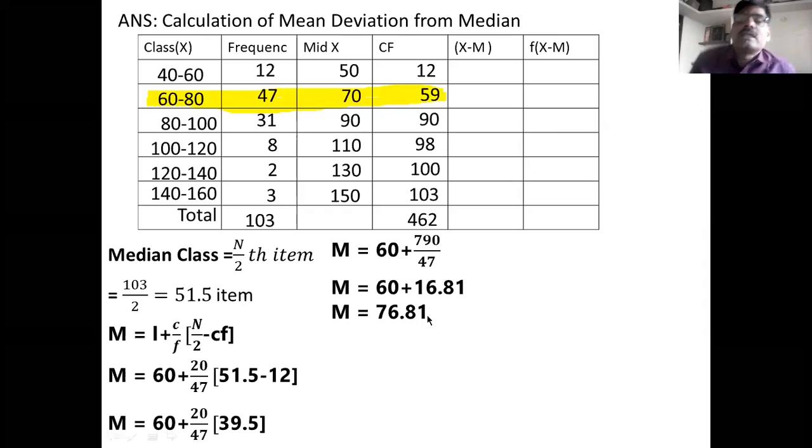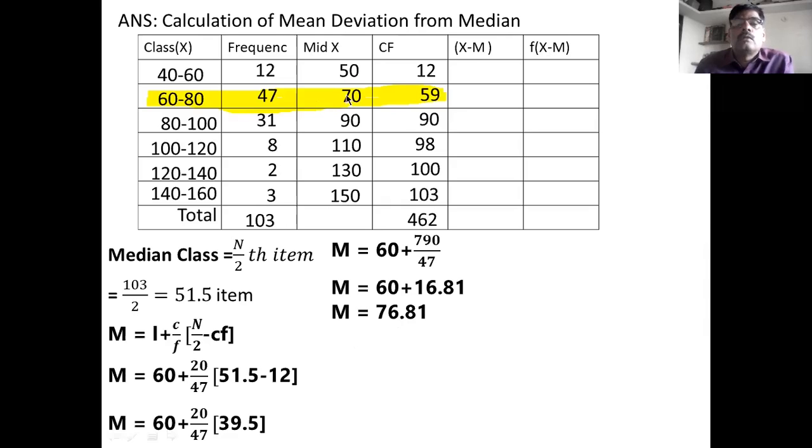Then go for the second step, calculation of mean deviation. These are the two columns you have to complete. So M is 76.81. Then X is the mid-x column.